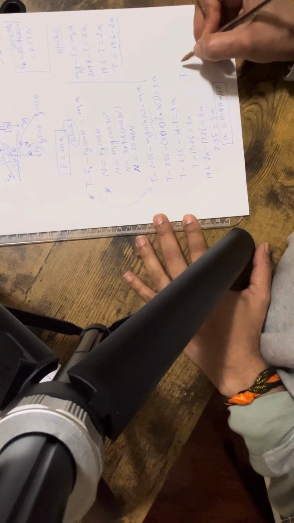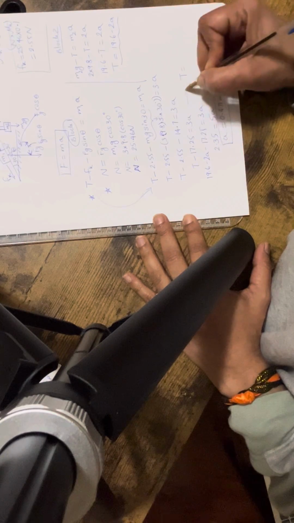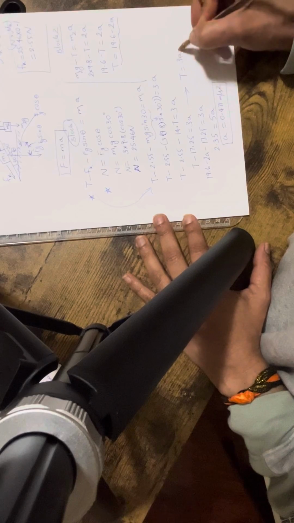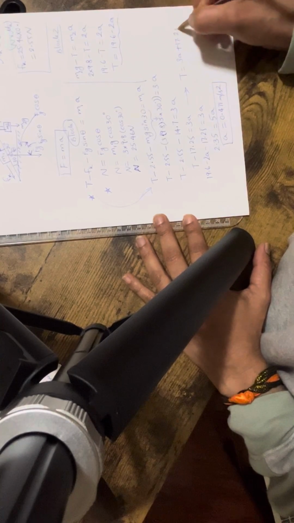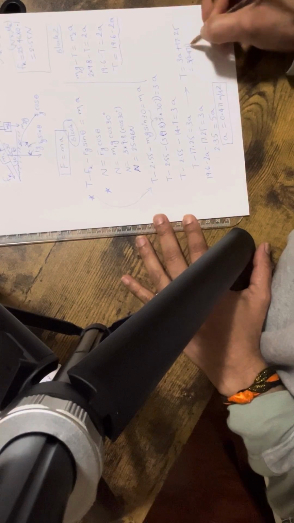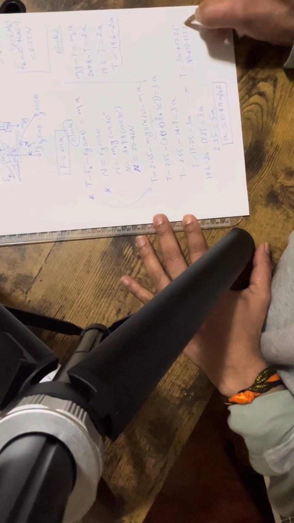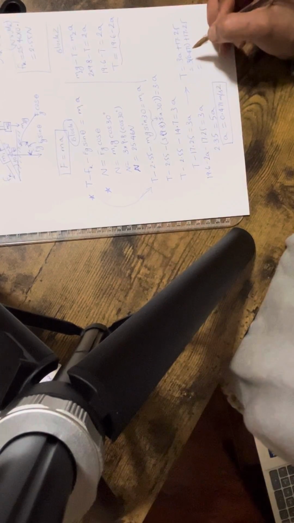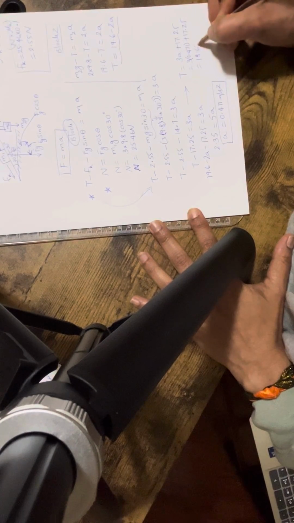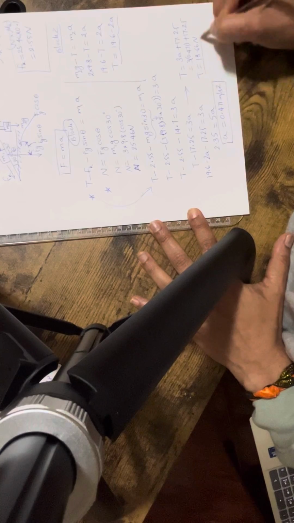This is a, and based on this we can use any of the equations and calculate T. If you want to use this equation, then T is 3a plus 17.25, which is 3 times 0.471 plus 17.25, which is, so we have 18.66 newtons.